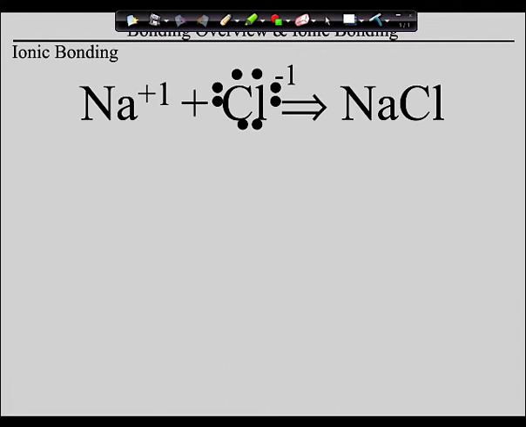Tying back to what we know, and again, we're all on the same page, it's exothermic. Guys, if that's true, which one of these has got to be greater in energy? The removal of an electron from sodium or the addition of an electron to chlorine? And let's talk about why.